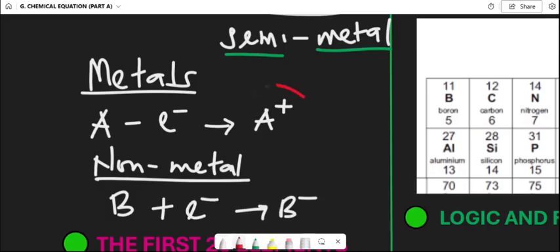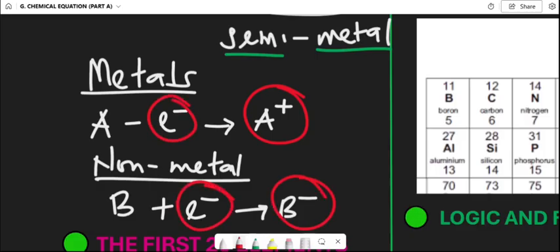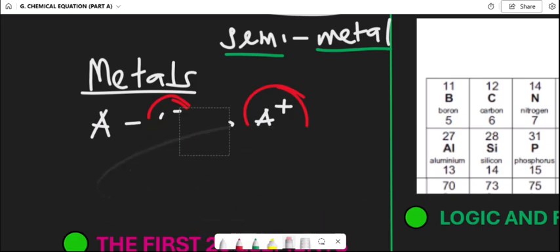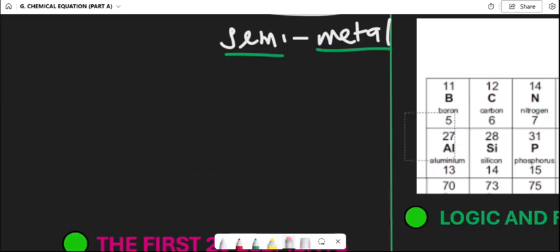So this means that A is a metal because it gives out electrons, while B is a non-metal because it gains electrons. But a metalloid bears the two properties at the same time. So it means a metalloid can either give or receive.